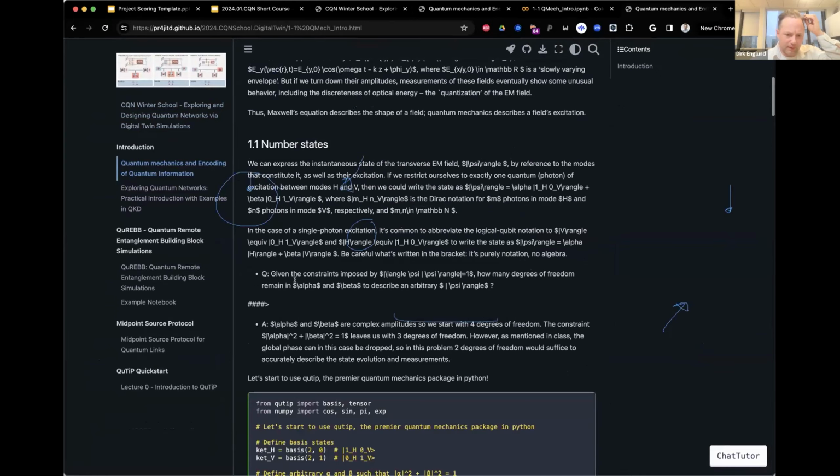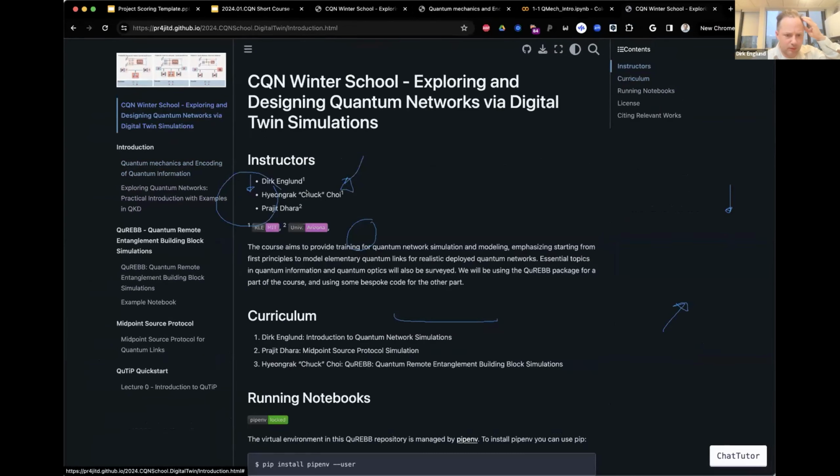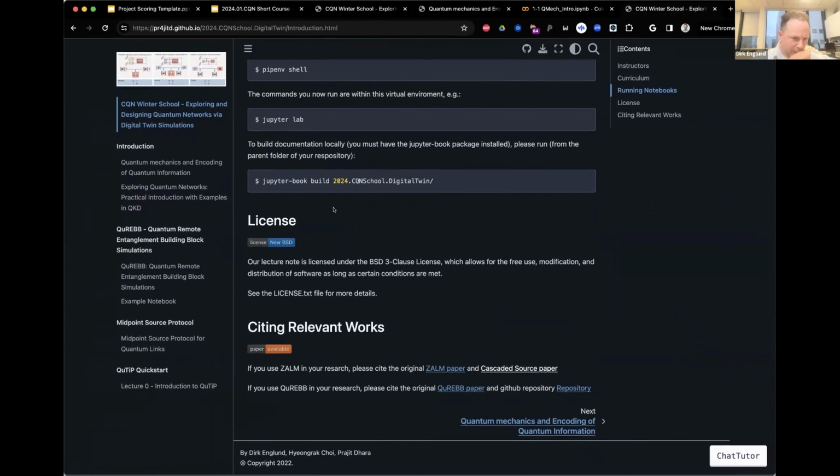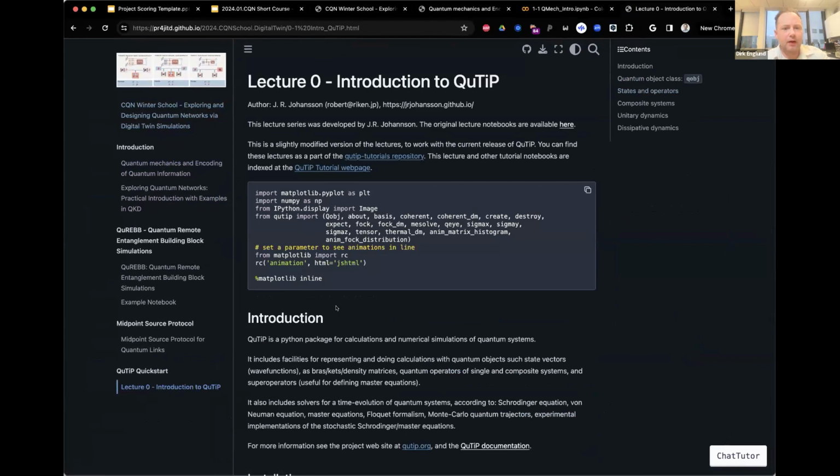So let's take a look here at the Introduction to QuTiP. This is not content that we created, but content that we cloned from the repo of Johansson, who maintains the QuTiP code base.